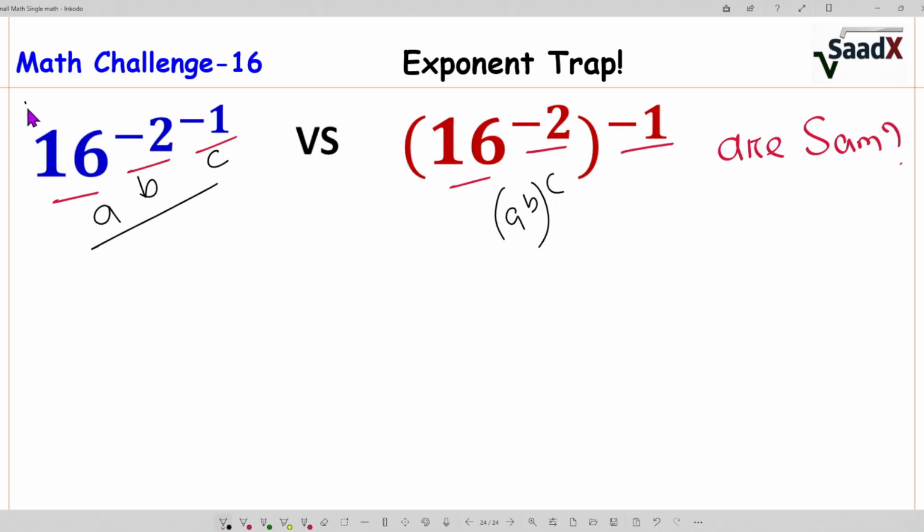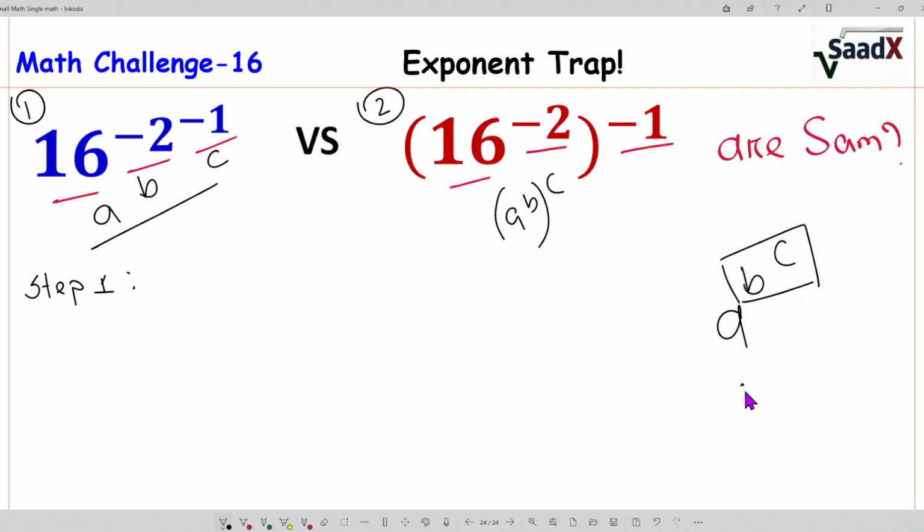So the first one, we try to solve step by step. Step 1: once you are facing a to the power b to the power c, you should solve b to the power c first.